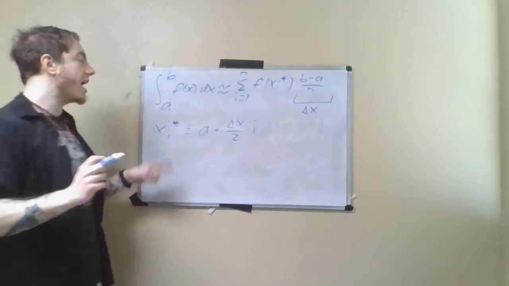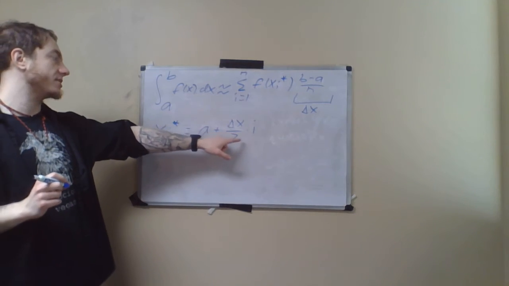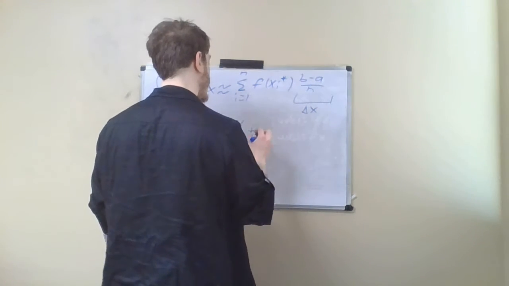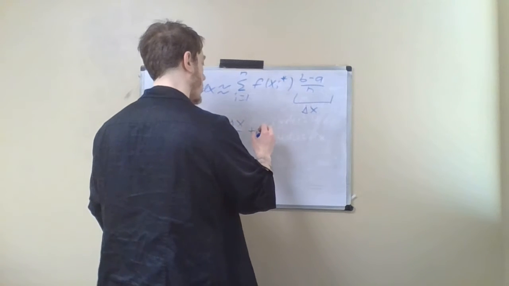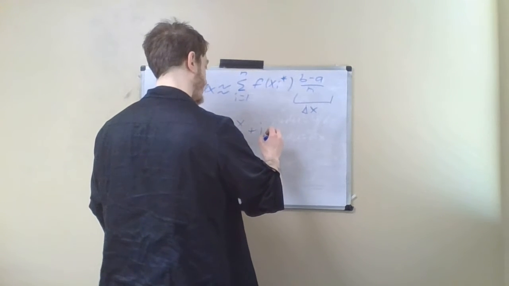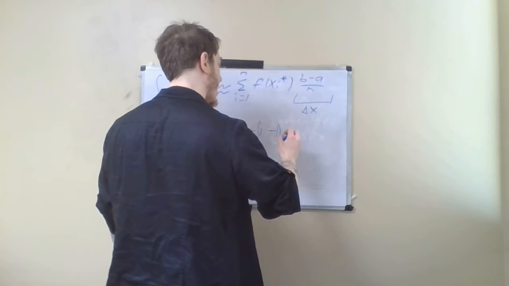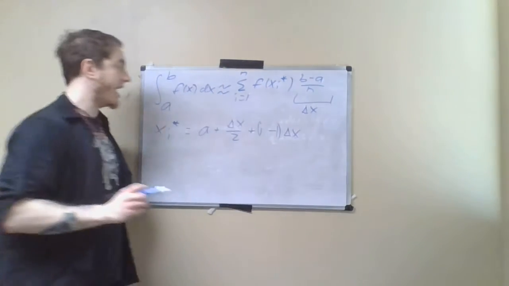And then to get up to the i-th midpoint, we shift this over by an additional i minus 1 delta x's.